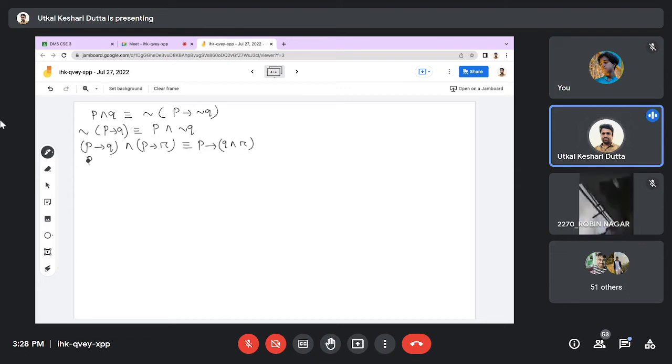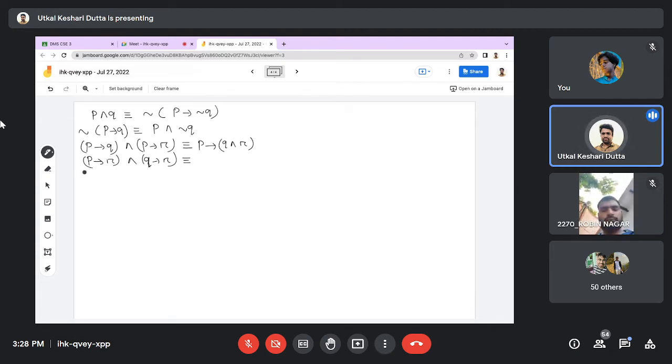Similarly, if you write P conditional R conjunction Q conditional R, that means, see, just different; the last part is same. If P then R, and if Q also then R, then what will this be equivalent to? Just think, you can get it.